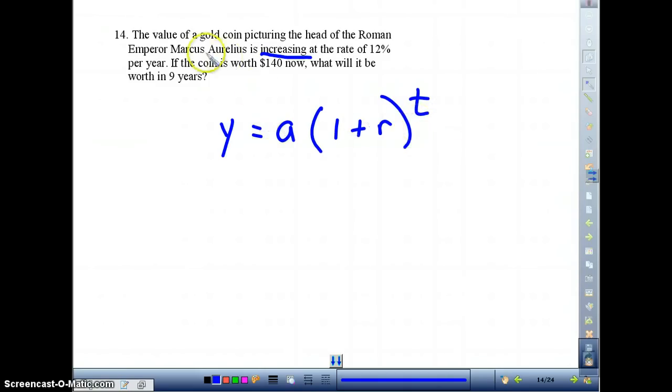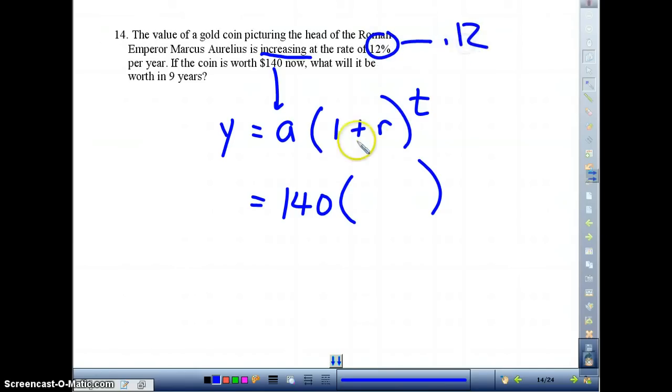Let's see, our original value, if the coin is worth this now, so it's 140 now, your rate has to be in decimal form, so 12% is the same as 0.12. Add that to 1 and you get 1.12 raised to the t. What will it be worth in 9 years?